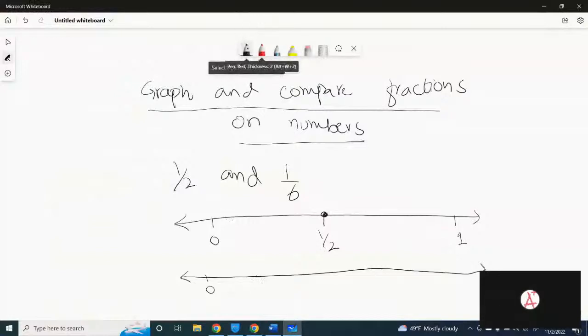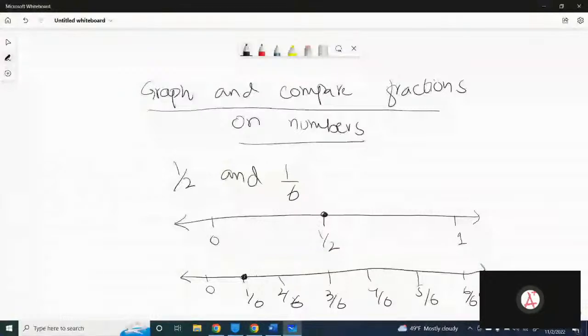So it would be 1 over 6, then 2 over 6, 3 over 6, then here you have 4 over 6, and then here you have 5 over 6. Here is 6 over 6, or either you can say 1. Here you have 1 over 6.